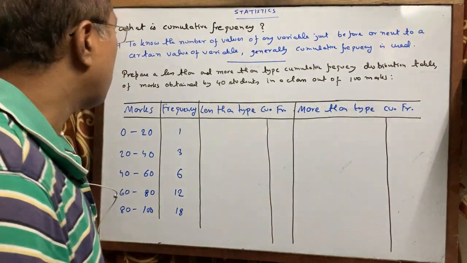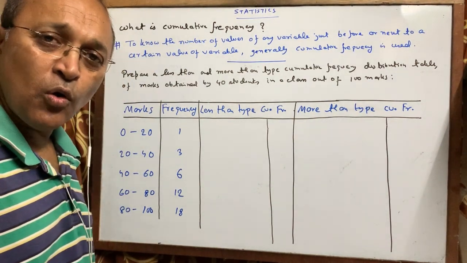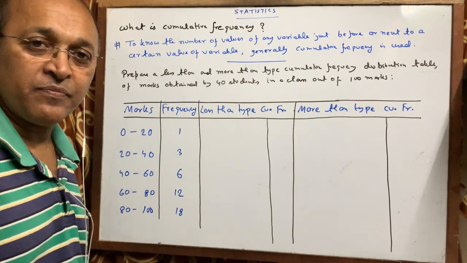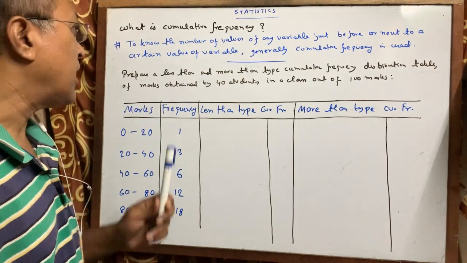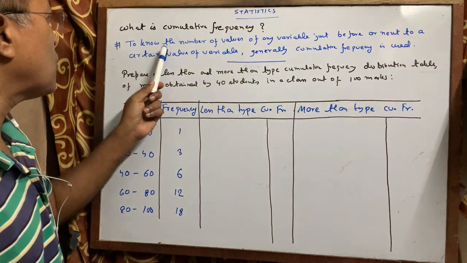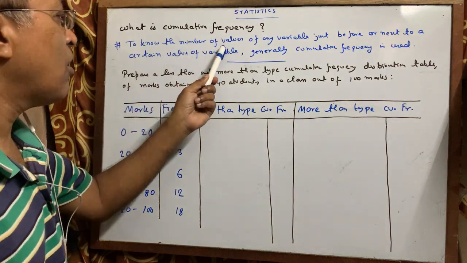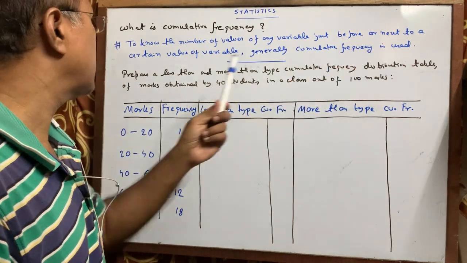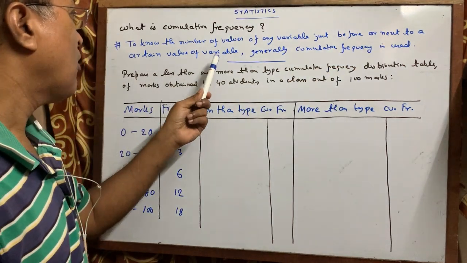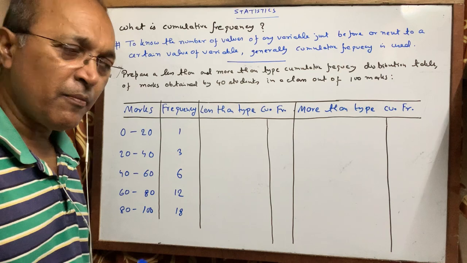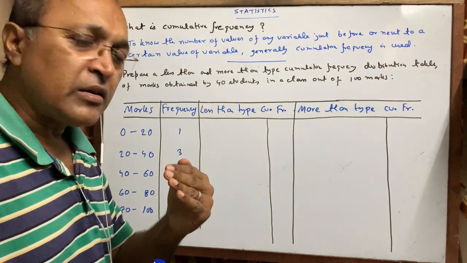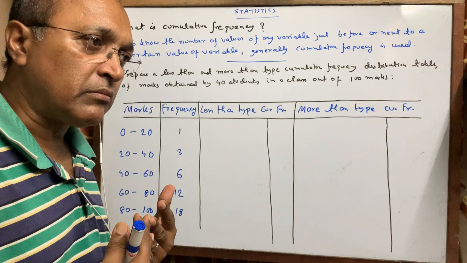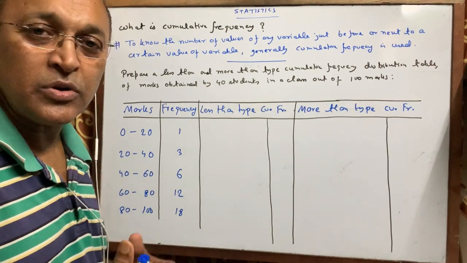What is that? First, you should know what cumulative frequency is. Cumulative frequency means to know the number of values of any variable just before or next to a certain value. Just for example, say in a club there are a number of members of different age categories.